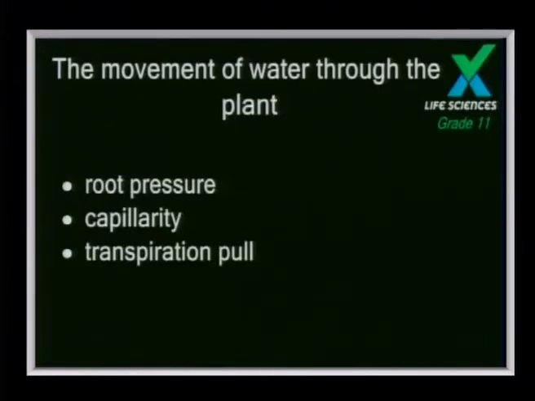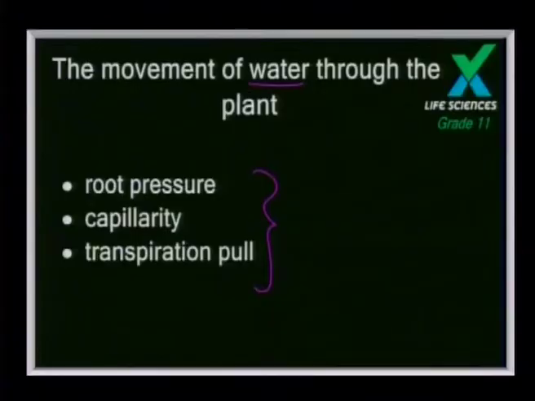Now, movement of water through a plant. We look at 3 steps to get the water up the plant. We have root pressure, clearly that's in the roots. Then we have water moving up the xylem, and that's called capillarity. And then we have the suction force of transpiration.